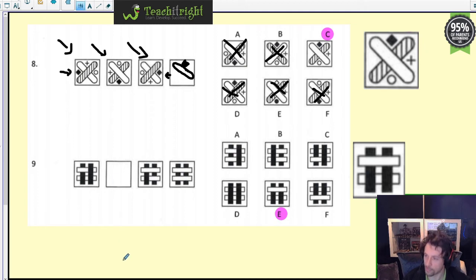Number 9. Okay, goodness. Well, we have 2 black and 2 white always. And let's just compare these two to see what changes. So between these two, it's this bit here that's overlapping. Then if we go back to this one, what's changed is additionally these two.